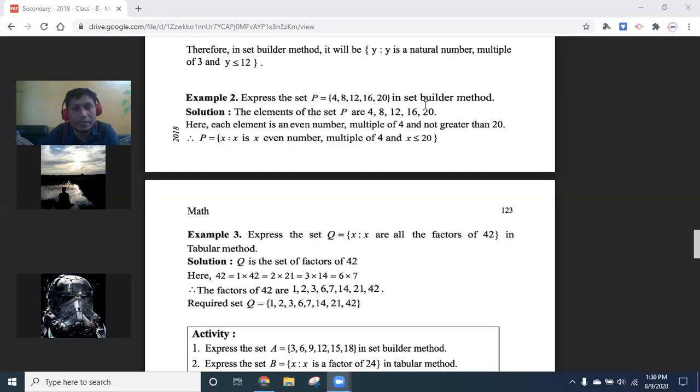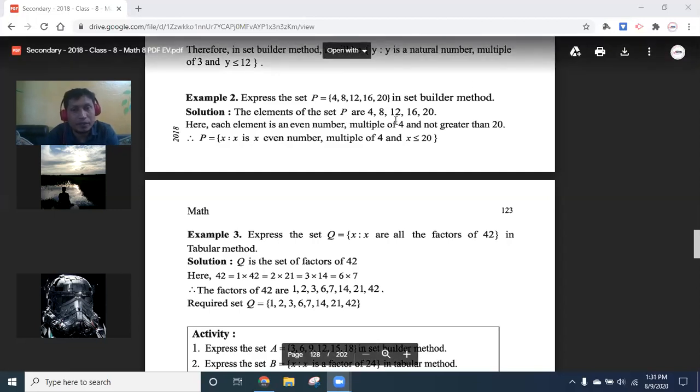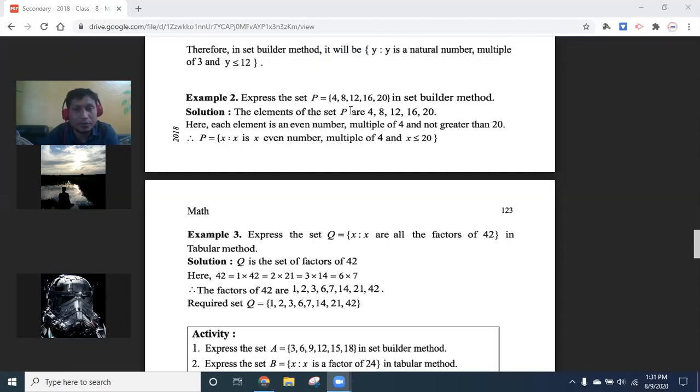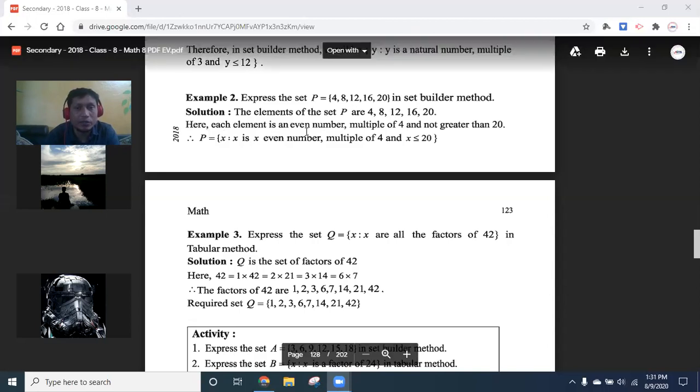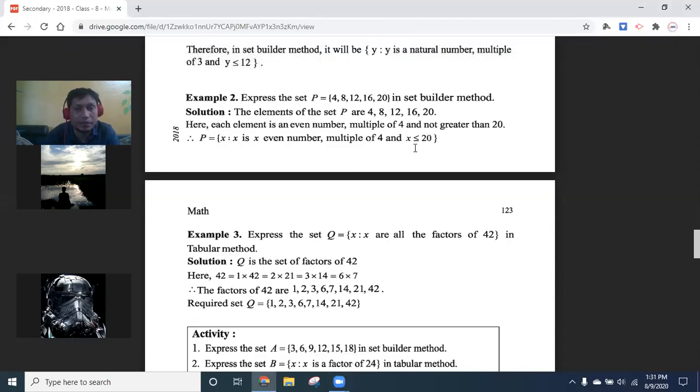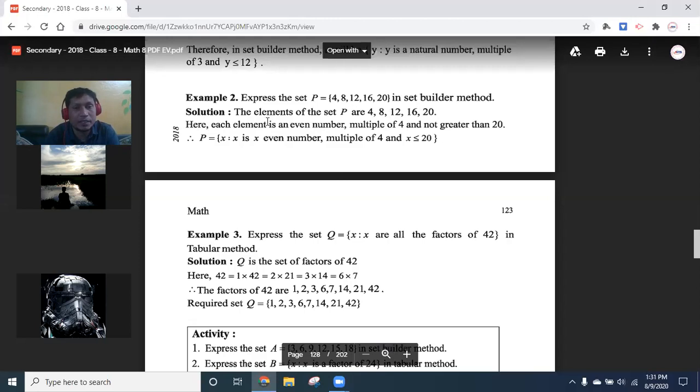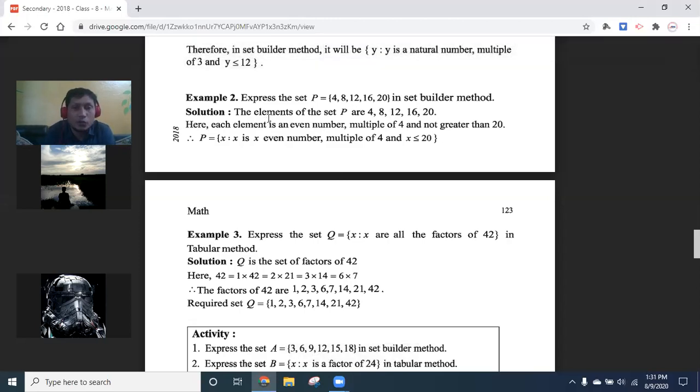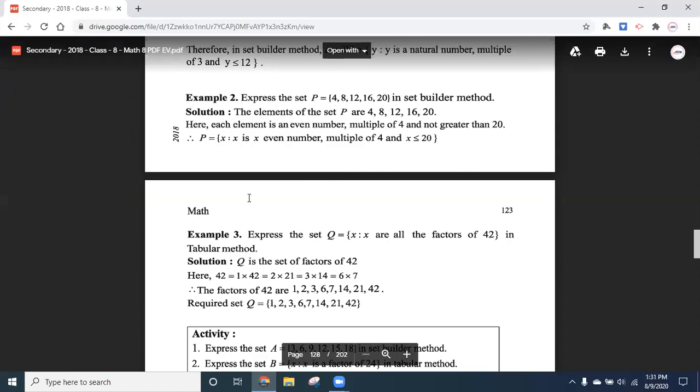Okay, so P is a set where the elements are 4 to 20, but we have to express it in set builder method. To do that, we have to find out a character between them. What kind of characters do they follow? So let us try to find out the character.